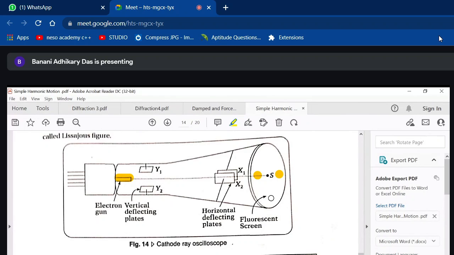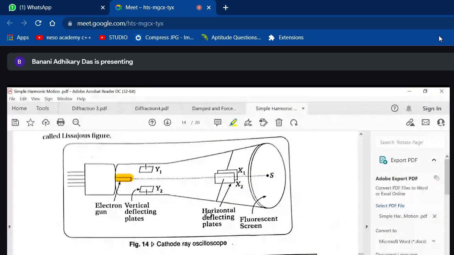This gives you a fairly good idea of how this whole set, put in an evacuated glass tube, forms the basic components of a cathode ray oscilloscope, CRO.